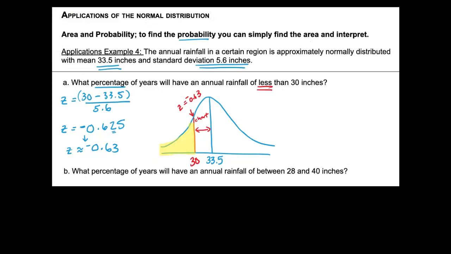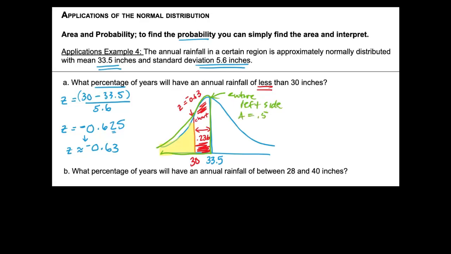I'm going to come back to my picture. This area right here is 0.236. So all of this that I'm shading in red here is an area of 0.236. I don't want to know that area. I want the percentage that's left of the 30 line. Notice that the entire left side has an area of 0.5.